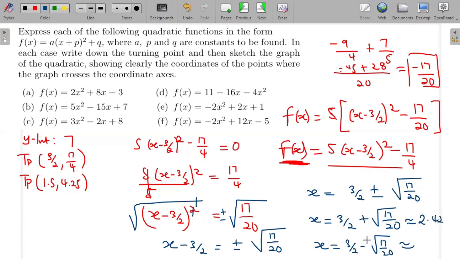What about if we subtract? If I subtract, I'm getting approximately 0.58. So these here will be my x values or my x-intercepts. So I can write them here, approximately.